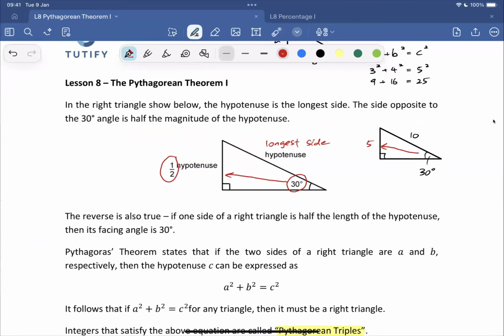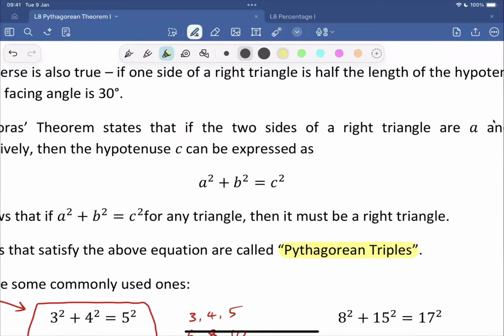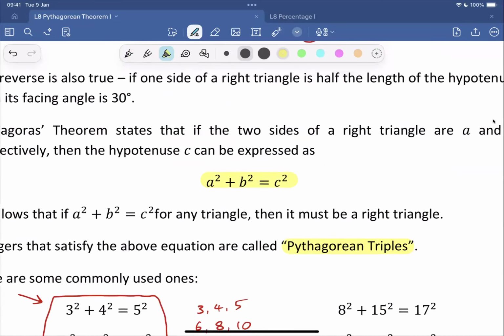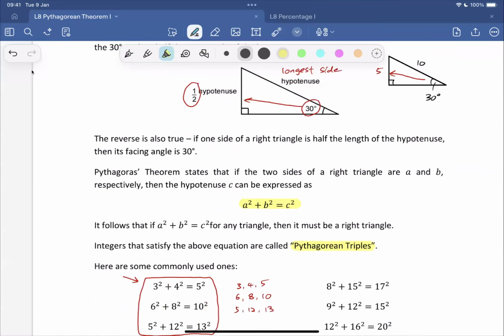So we are learning two things here on this page, the 30-degree rule and also a squared plus b squared equals to c squared. This is called the Pythagoras theorem. So whenever you identify a right angled triangle in the diagram, then you can ask yourself, can you apply Pythagoras theorem?